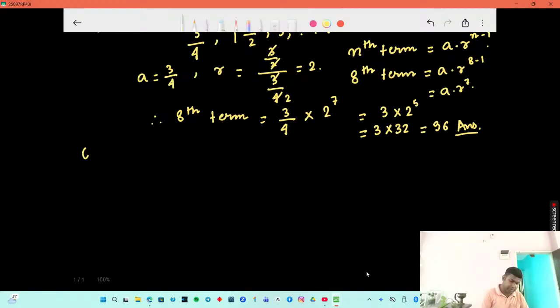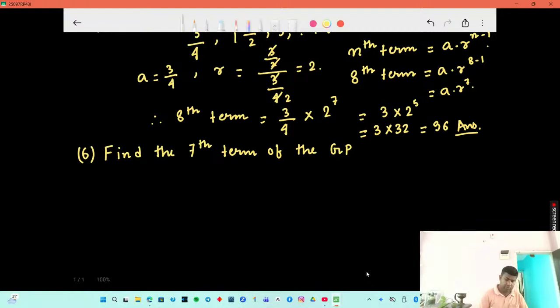Here the question is given as, find the seventh term of the GP: root 3 plus 1, divided by, root 3 minus 1 by 2, and so on.